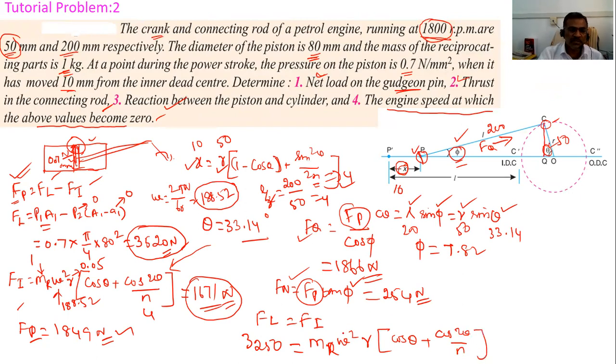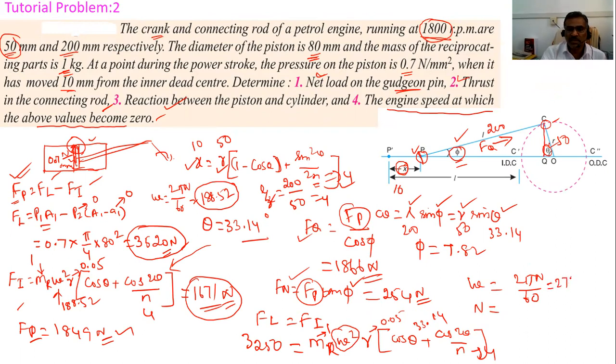Here we have to find omega because we want to find speed. So you substitute all the values. M is equal to 1, R is equal to 0.05, theta is equal to 33.14, n is equal to 4, and find the value of omega. And you can find the value of N. What is omega? 2 pi N by 60. If you find the omega, omega will be equal to 273.